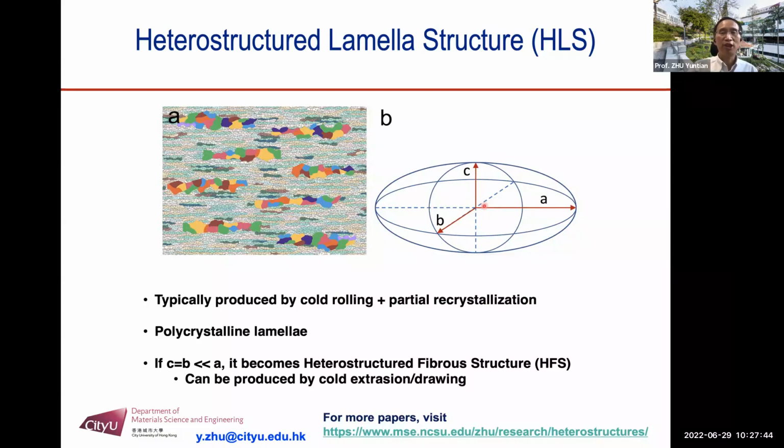Okay, it's a polycrystalline lamella. However, if B and C are the same, they are much smaller than A, and this lamellar structure will become a heterostructured fibrous structure, called HFS. And that can be produced by cold extrusion, drawing, then plus partial recrystallization.